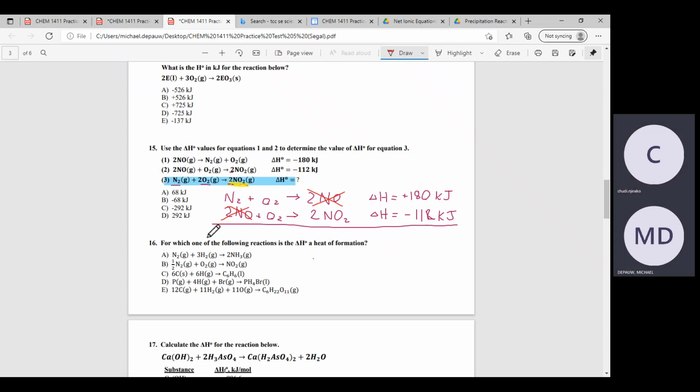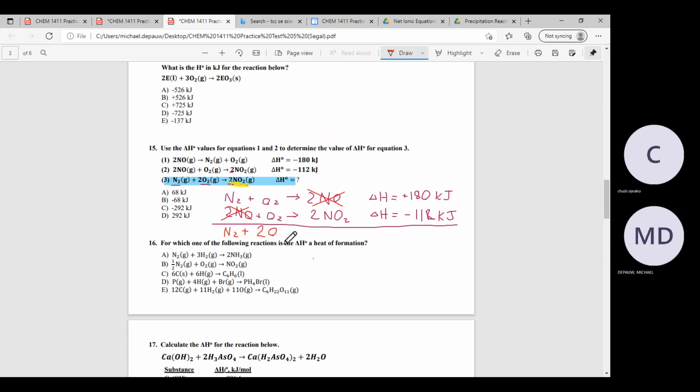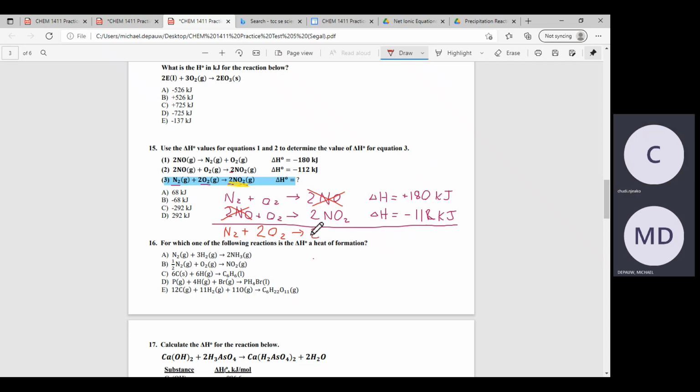Okay? So what am I left with? I'm left with N2. I have 2 O2 molecules, so I'll combine them, just say 2O2. And that's going to give me 2NO2.